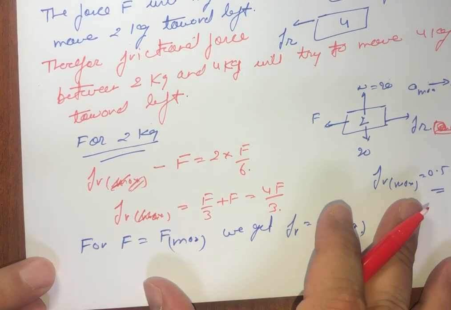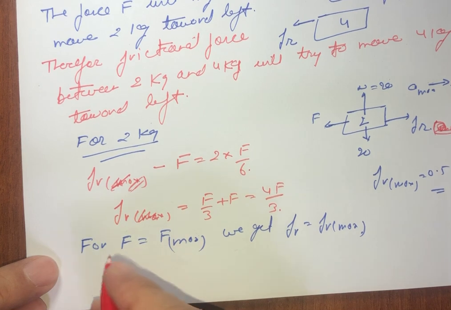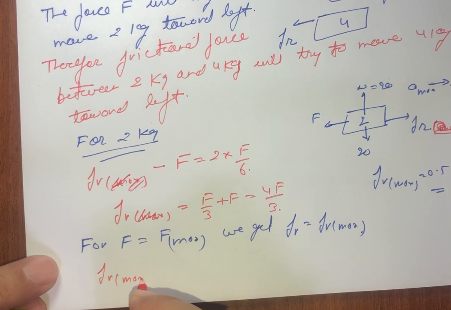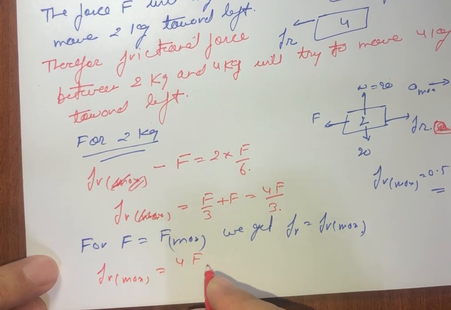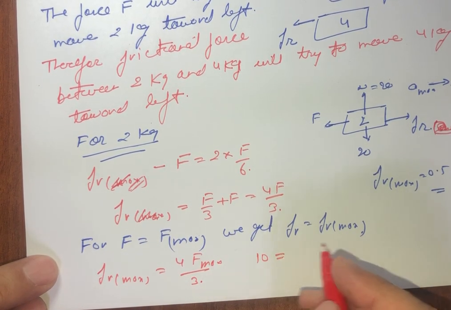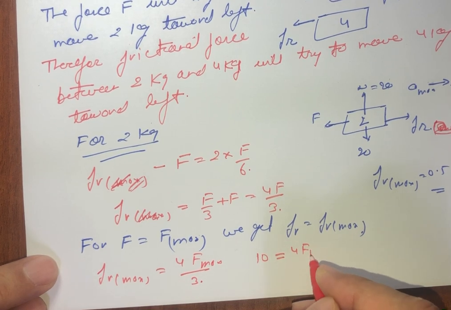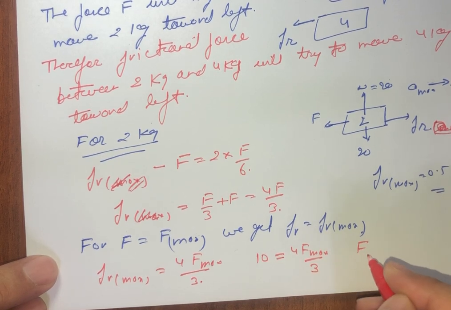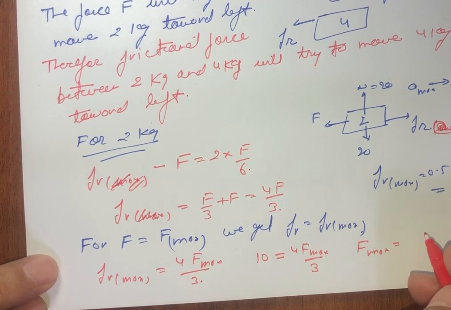So Fr max is equal to 4F max by 3. Fr max is 10, so 10 is equal to 4F max by 3, and we find that F max comes as 30 divided by 4, which can also be written as 15 divided by 2 newtons.